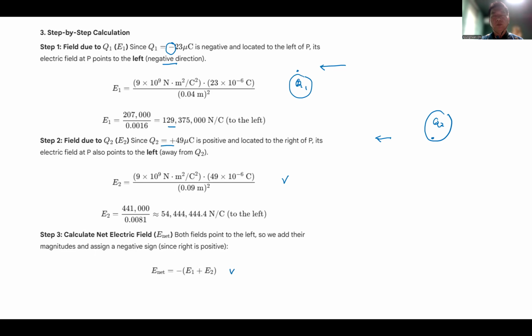In some problems, we have to come up with a free body diagram where the tensions, gravitational force, and electric forces are identified. And then from this, we can come up with an equilibrium condition where the net force is 0.